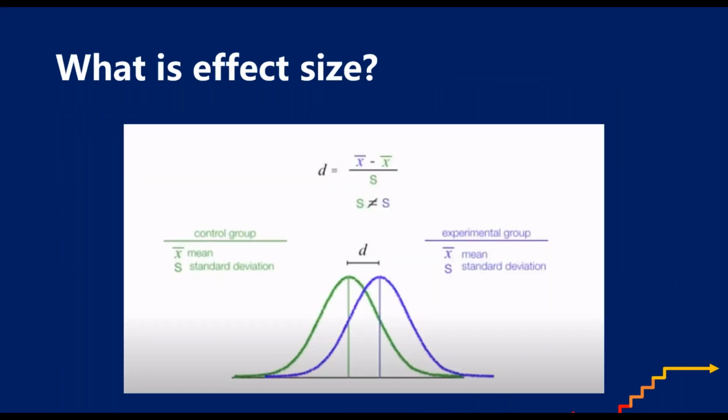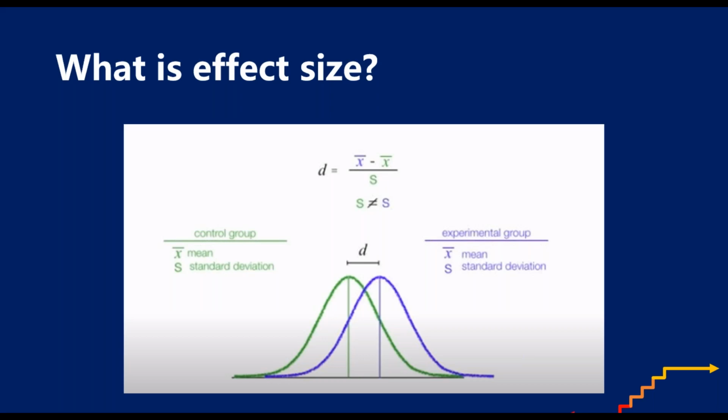Then what is effect size? So the green line represents the control group and the purple line represents the experimental group. So it is the difference between two groups, between the experimental group that receives a treatment and a control group that does not receive a treatment. So it tells us how substantially different both groups are.